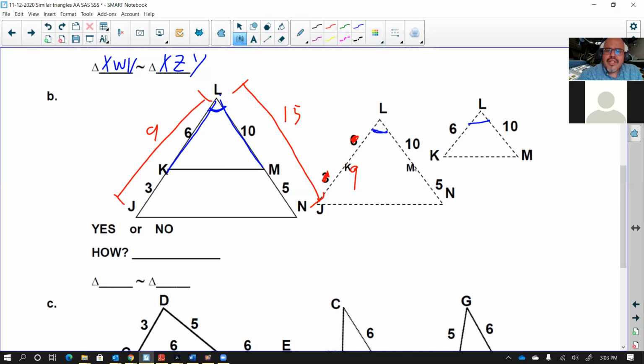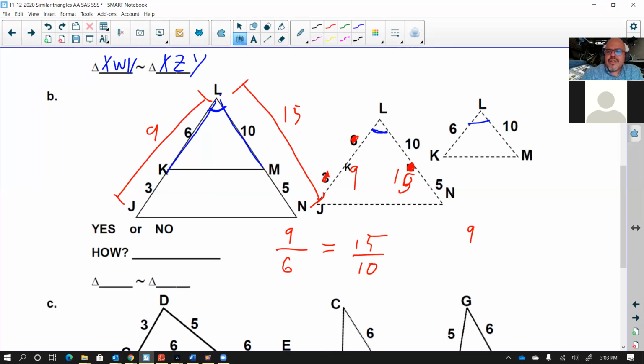And instead of writing 5 and 10, I just say that's 15. So I'm going to take 9 and divide that by 6. See if that's equal to 15 divided by 10. If you simplify it, it's one thing. If you cross multiply, that's another. Well, let's go ahead and cross multiply.